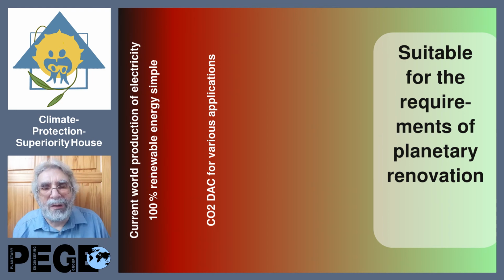When we make it a little bit better with power to fuel, power to gas, and so on, it would go up to 150 petawatt hours. But the range for the planet renovation is 450 to 600 petawatt hours, so far beyond simple targets like 100% renewable energy.